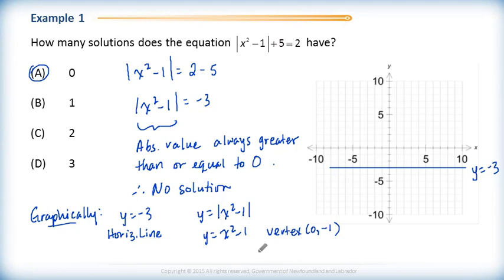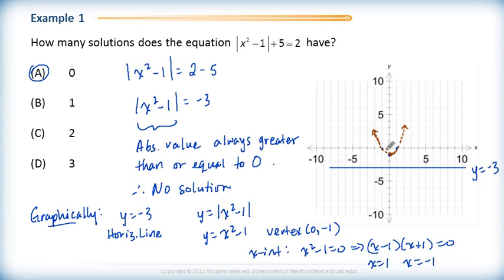And it has x-intercepts when x squared minus 1 equals 0, which means when x minus 1, x plus 1 equals 0, at x equals 1 and x equals negative 1 therefore. So we have those 3 points. We sketch that guiding graph and then use reflections as necessary, reflect the negative part and keep the positive parts of the guiding graph, and we get the absolute value graph. So there are no points of intersection, therefore no solution.